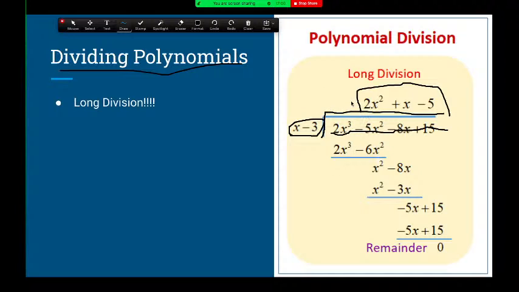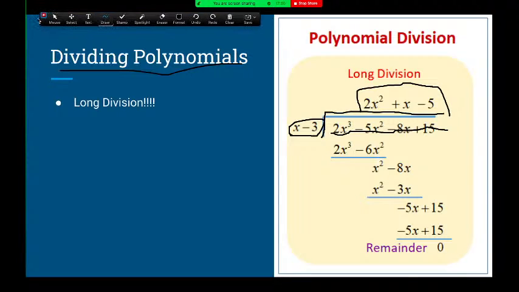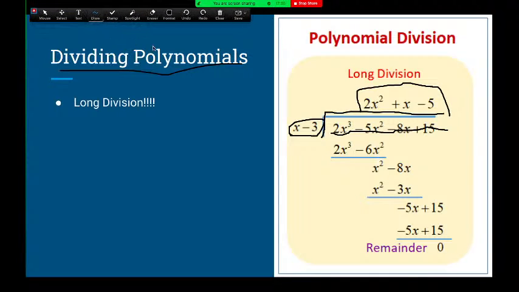Does anybody remember the acronym for long division? Nobody? Acronym for what? What is an acronym? An acronym is where you have a short phrase for a long thing, and then there's another long thing that helps you remember. Like the 9 planets.